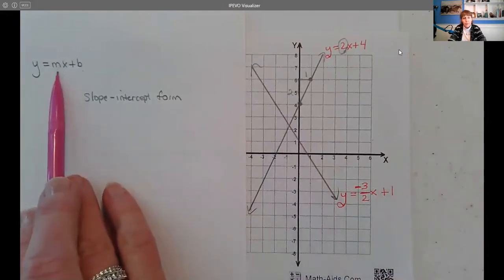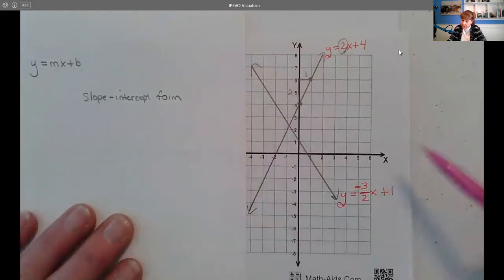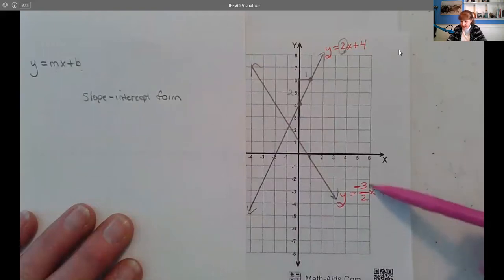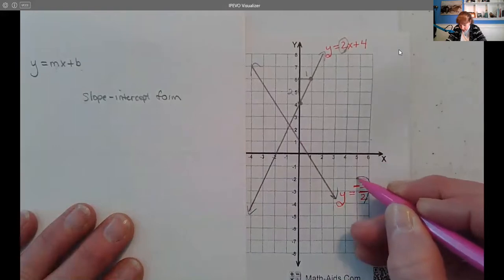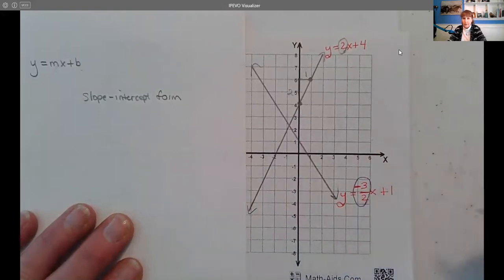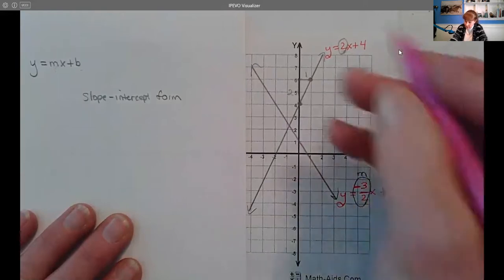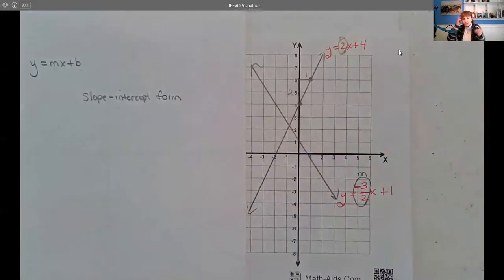It's called the slope-intercept form. So the slope of this line is a negative, not including the x. You don't put the x as part of the slope. The slope is just a number, it's just a ratio. The slope is negative 3/2. So there's your m. It's really that easy if the y is by itself.